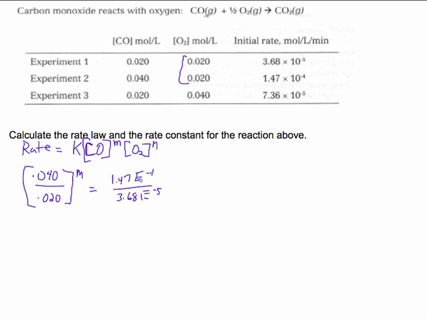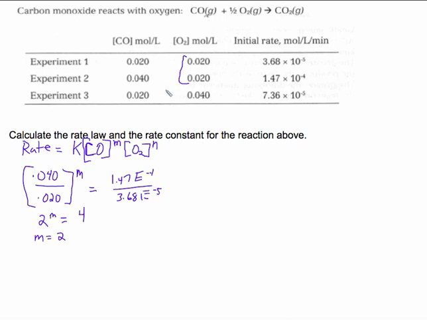This is experiment 2, so directly across from the equal sign is the experiment 2 rate, and down here is experiment 1, and this is the experiment 1 rate. If you do the math, you get 2 to the power of M equals 4. Then you think, 2 to what power equals 4? So M equals 2. In the rate law, with respect to carbon monoxide, the order is 2.